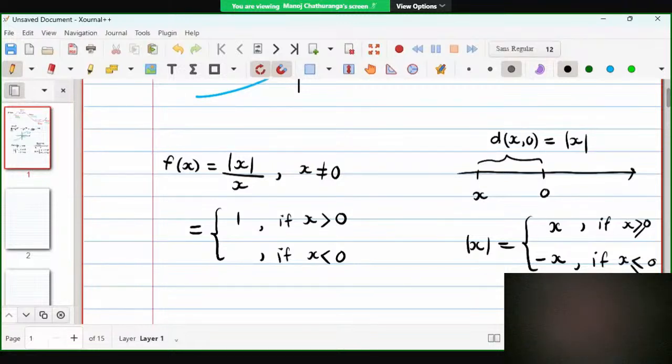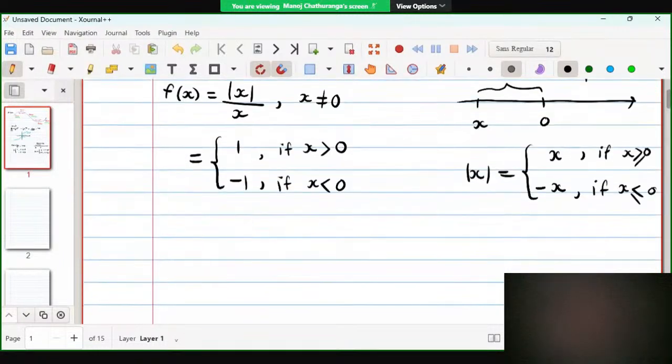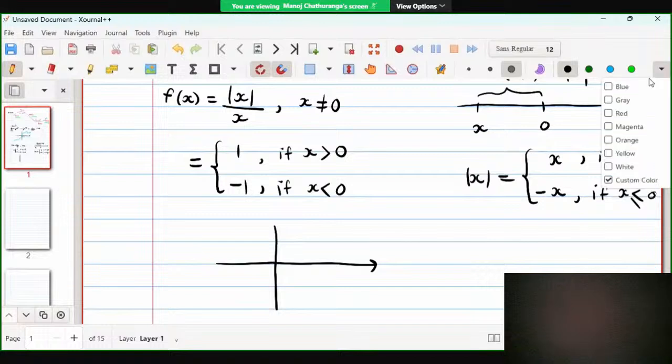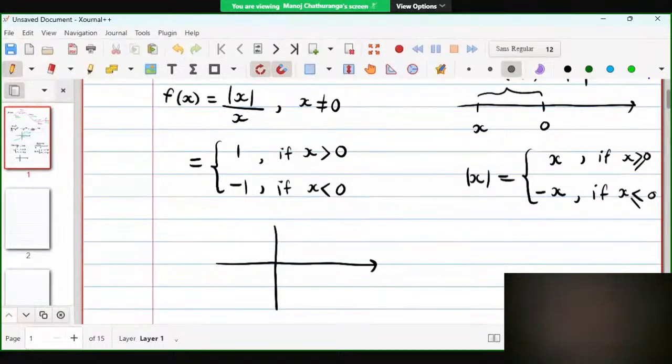Then negative x divided by x is negative 1. So the graph of this function, the absolute value of x divided by x, looks like this: for positive x values, the function is always 1. That means it is a constant. For negative x values, it is negative 1.